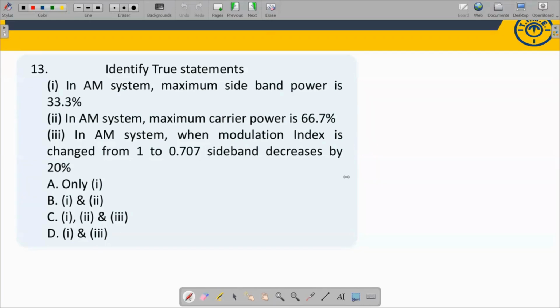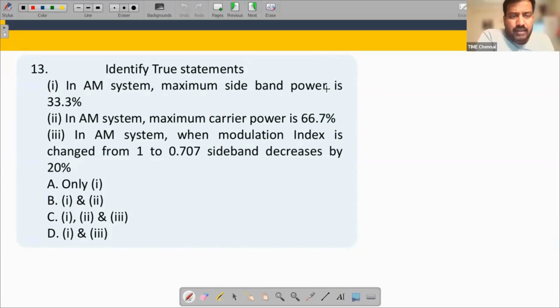Option B. Shall we? Okay, we'll try to analyze. What is your answer? Type again. Okay. You're saying option B.